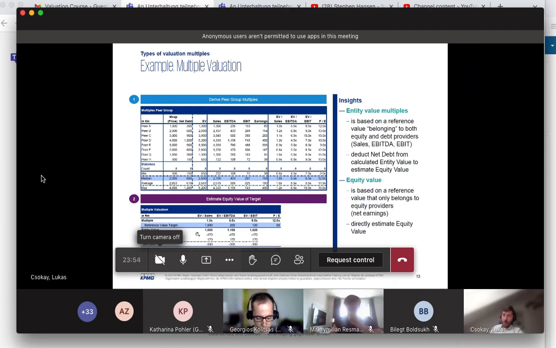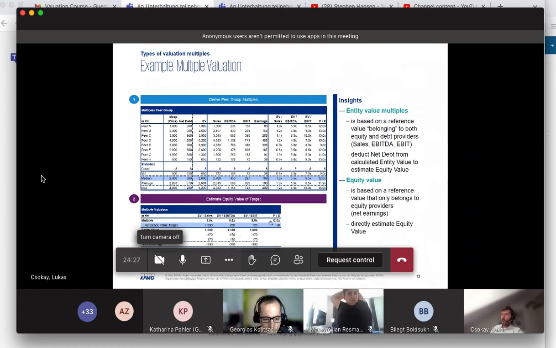Then we come up with an entity value of also 1 billion, and then we deduct our net debt and get our equity value. We do that also for the EV/EBITDA and EV/EBIT multiples. For the price earnings multiple, it's a bit simpler. We only need our multiple and earnings and directly get our equity value. So we don't need this bridge from entity to equity value.